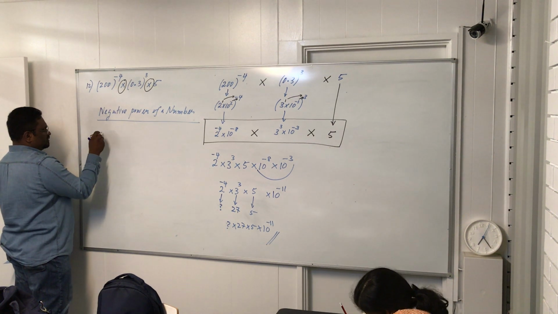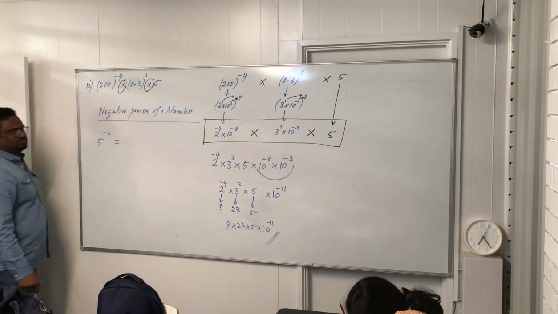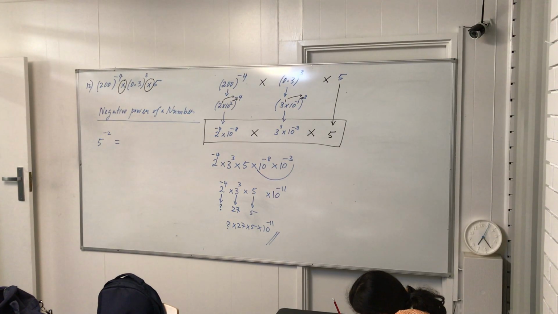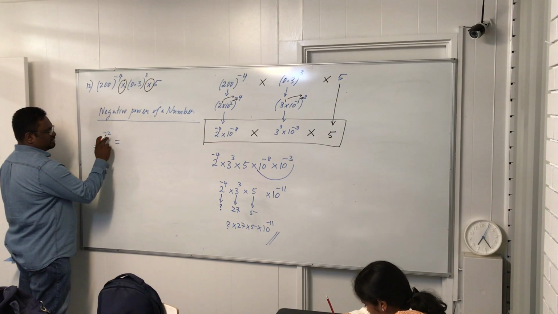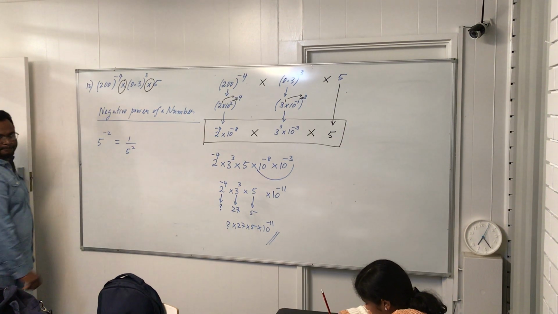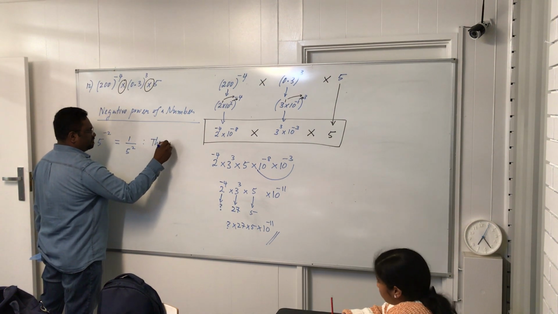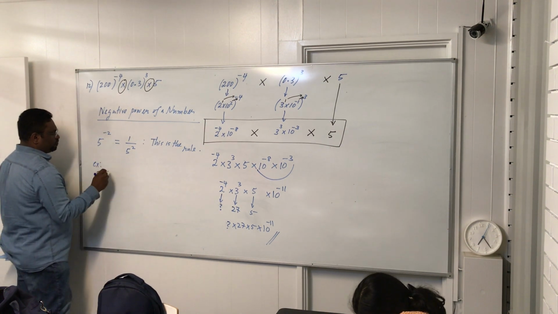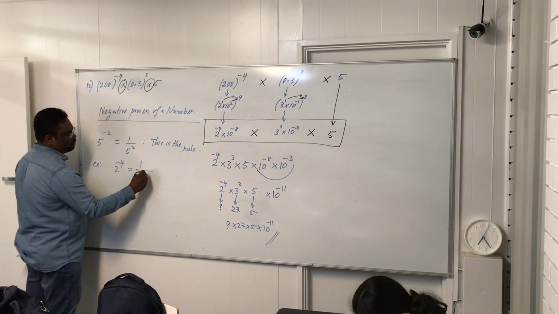5 to the power minus 2. If you see something like that, what to do? This can be written as 1 divided by 5 squared. That's the rule. Example: 2 to the minus 4 can be written as 1 divided by 2 to the positive 4.